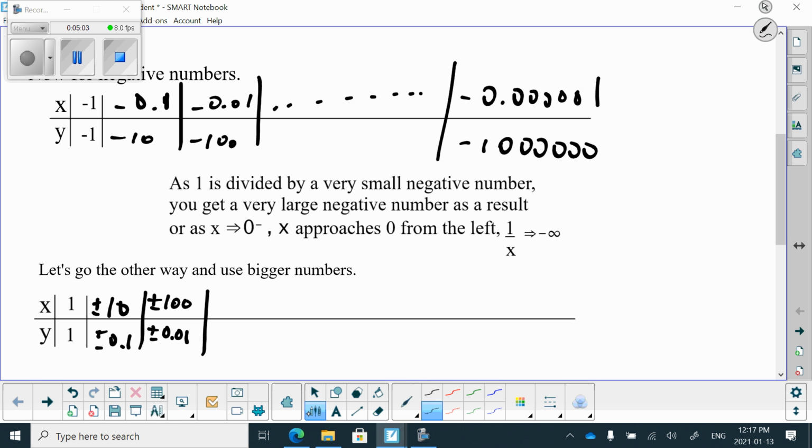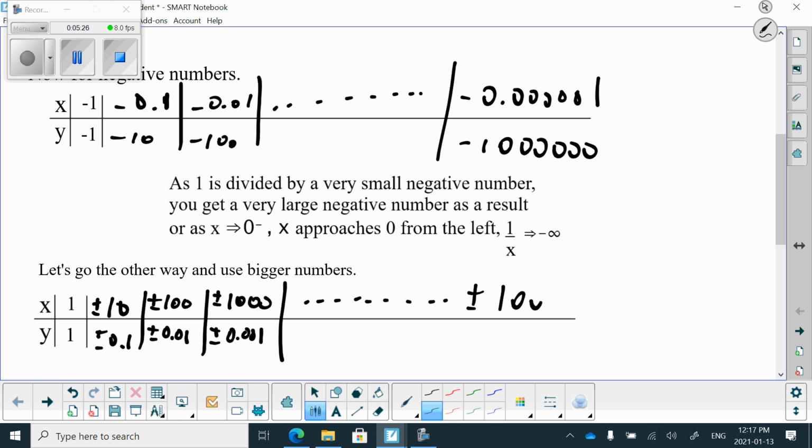We'll do one more before we go big, plus or minus 1,000, which gives us plus or minus 0.001. Good. Okay, and let's go big.